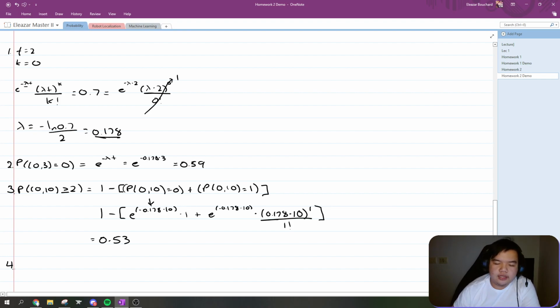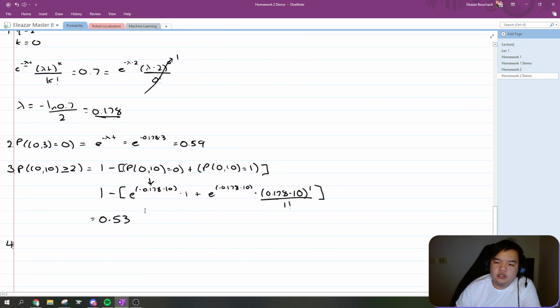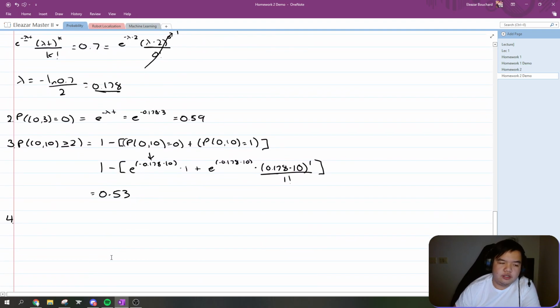And lastly, for number 4, find the probability that in 1 minute exactly 1 customer arrives. That's very, very easy. That's the probability of 0 to 1 equal to 1.